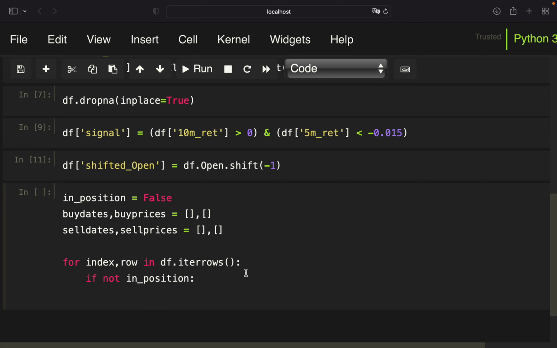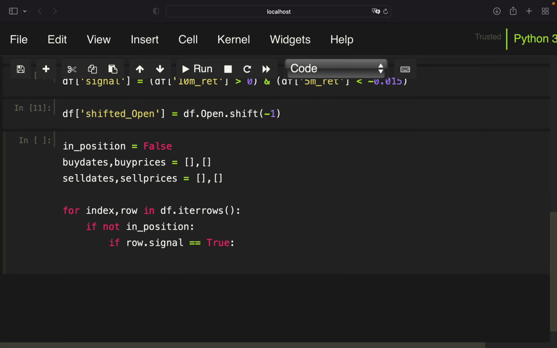My buying condition is if my signal column has a true value. These are those 2 conditions here. And then I want to buy.